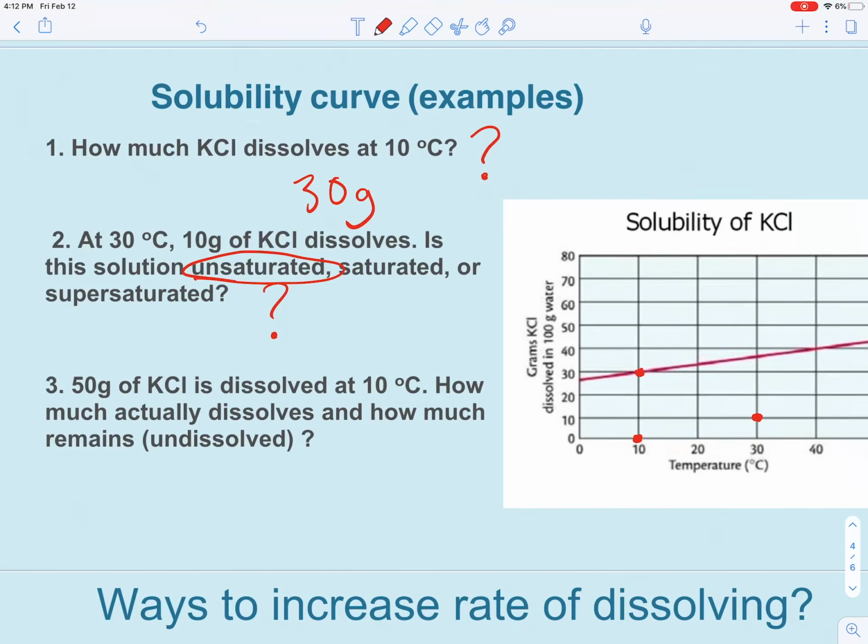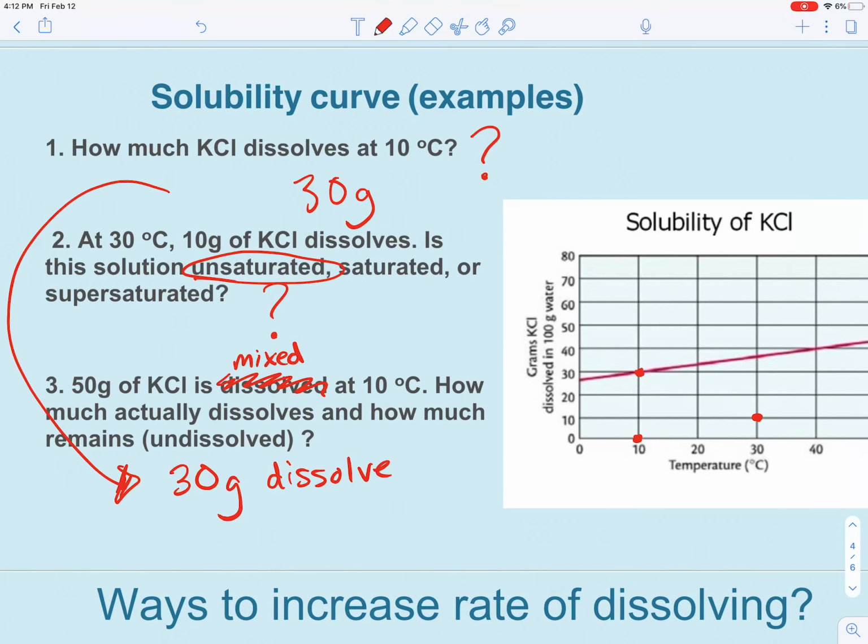Lastly, 50 grams of potassium chloride is mixed at 10 Celsius. How much actually dissolves, and how much remains undissolved? We know from the previous question that at 10 degrees Celsius, 30 grams is the maximum that can dissolve.